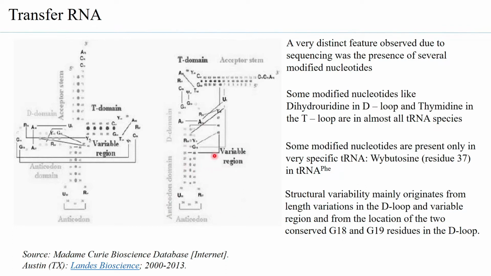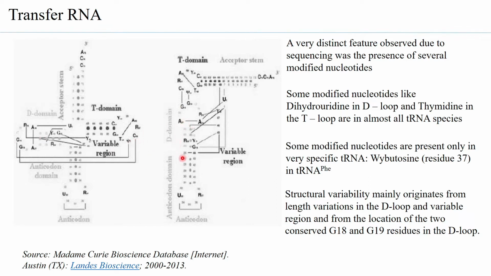So the variable loop length can vary from tRNA to tRNA, and the second region that is important for structural variability is the D loop per se, and within that the conserved G18 and G19 residues play an important role, because as you can see, G18 and G19 are associating with the psi and the C. So this is the main point of interaction between the D domain and the T domain.